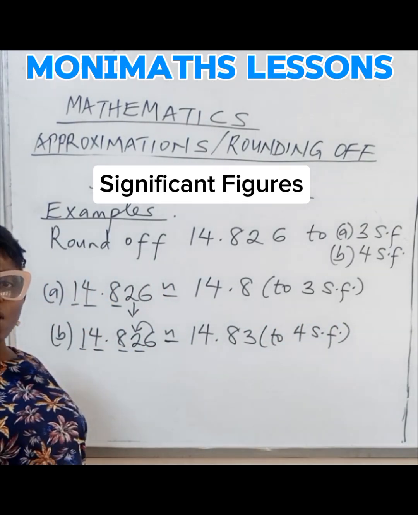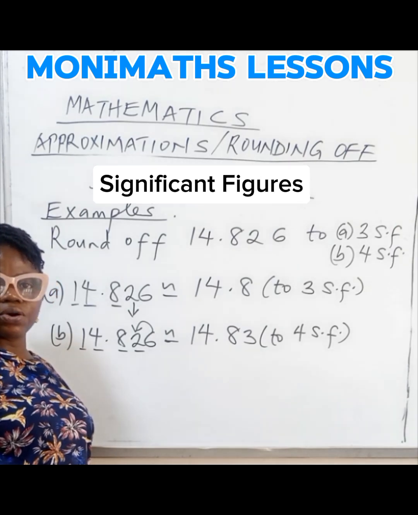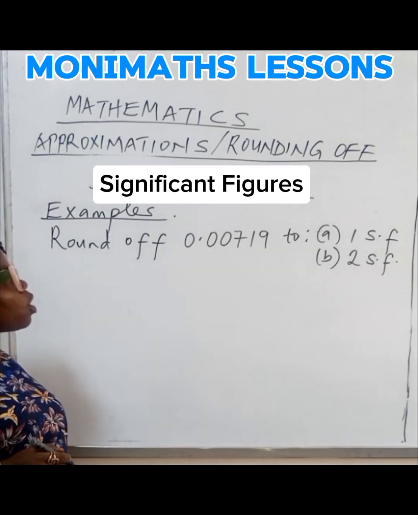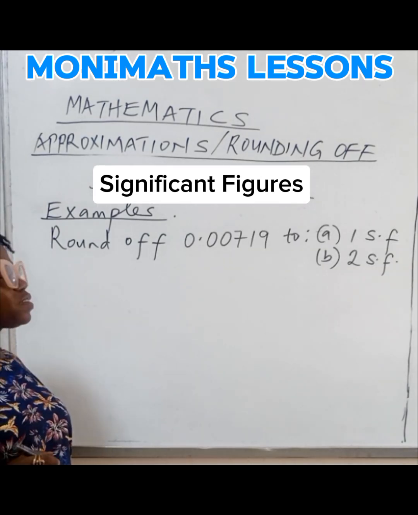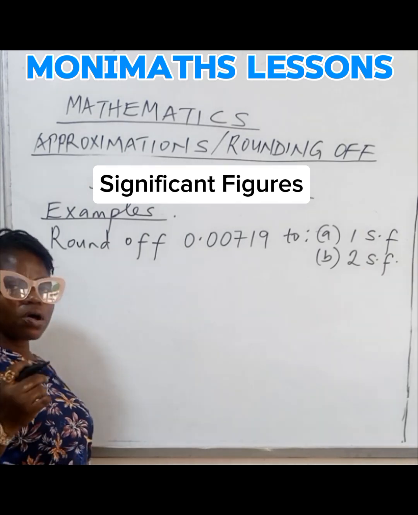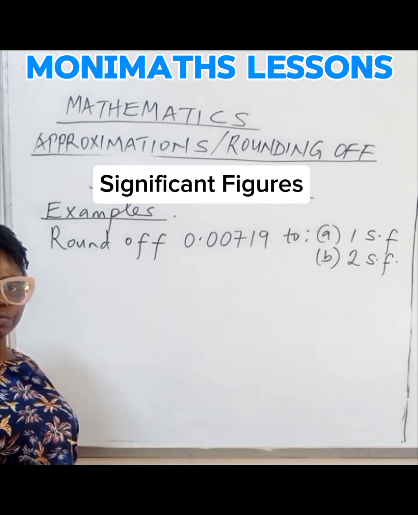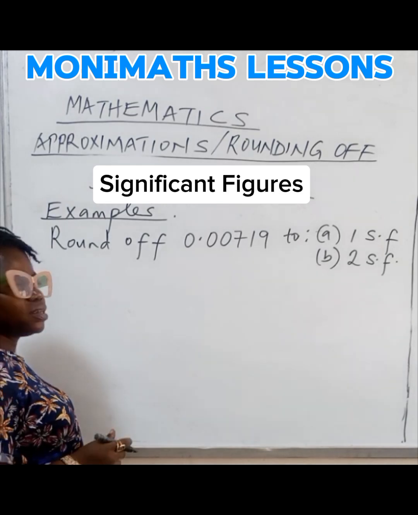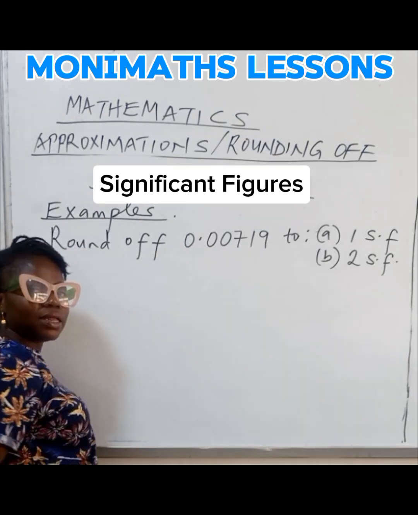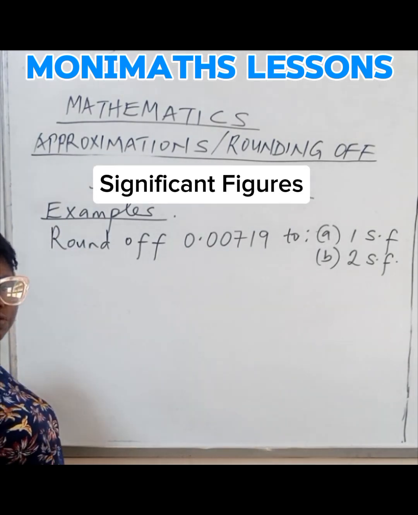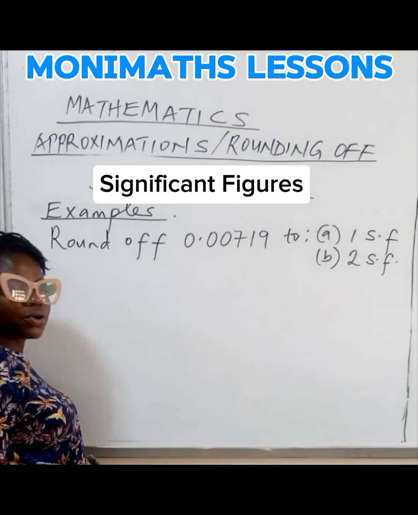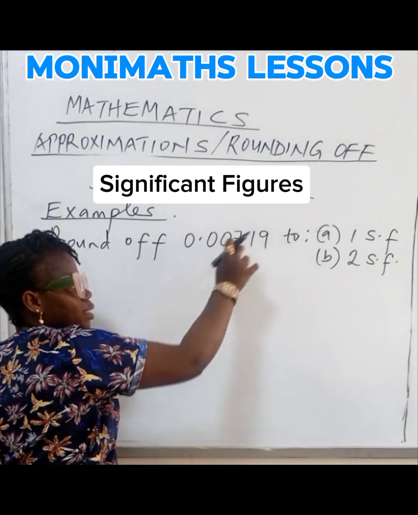Let us look at more examples of significant figures. Let us round off 0.00719 to 1 significant figure and to 2 significant figures. In this case, this is a number that has 3 significant figures. The 3 significant figures are 7, 1, and 9.